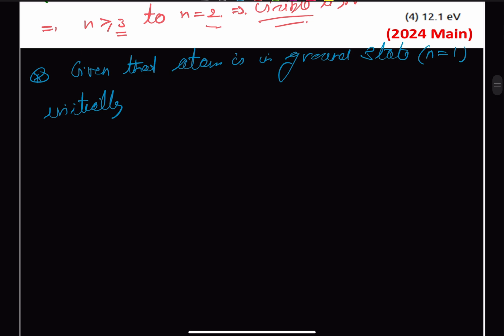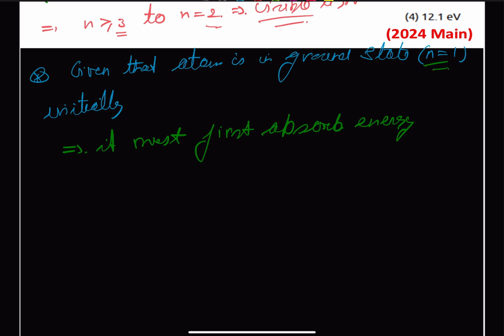Therefore, it must first absorb energy, because it has to be excited from n equal to 1, and the minimum level it should reach is n equal to 3.